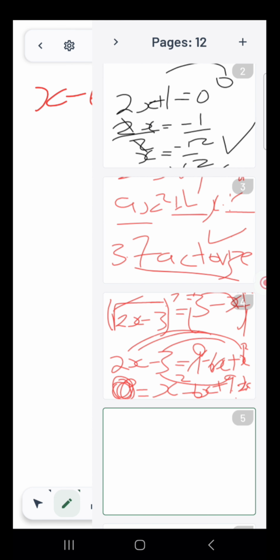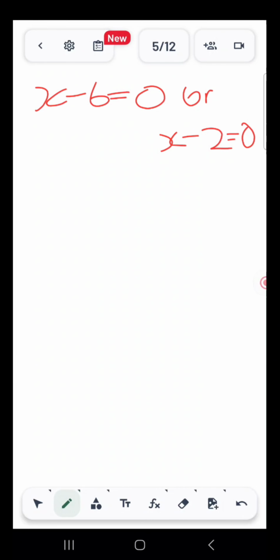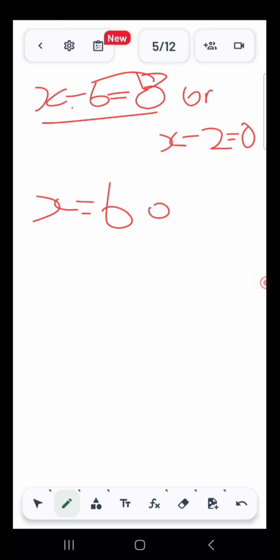From there we solve for x. X must remain alone, we start with this one. X is equal to 6, we move it across, negative becomes positive. So it becomes equal to 6. Or we take the 2, send it to that side, x will be equal to 2.